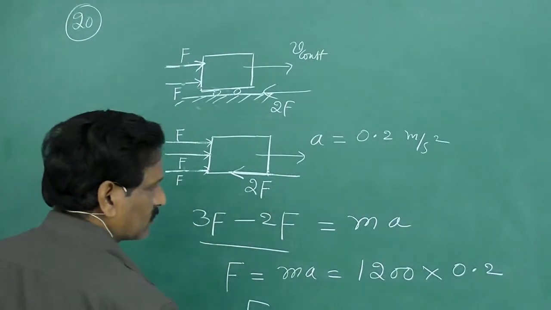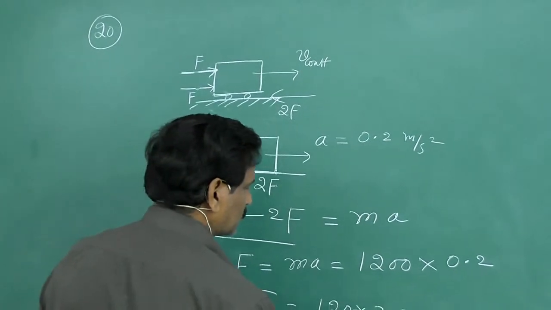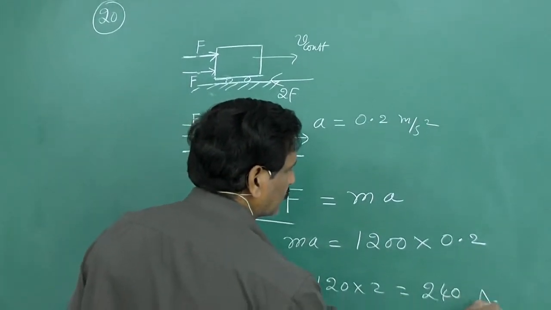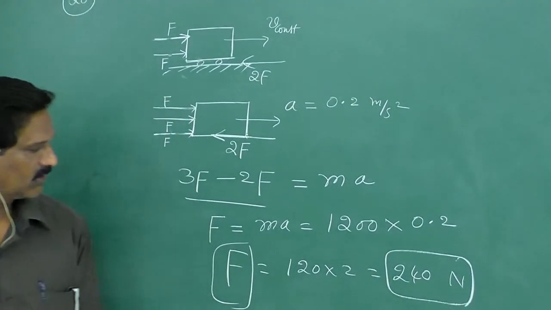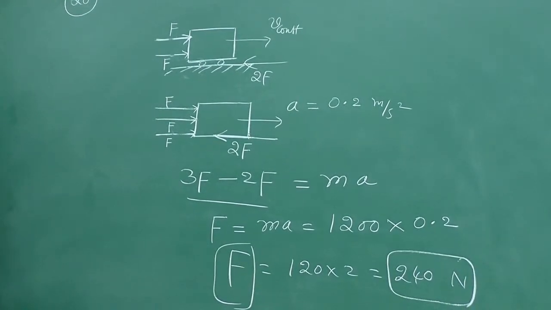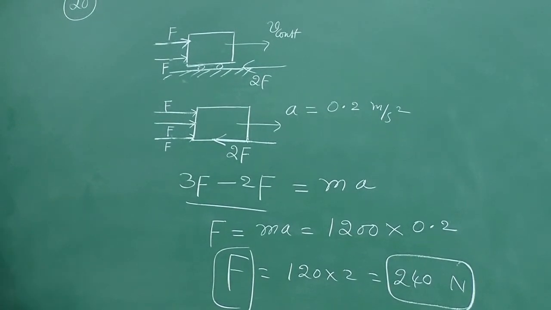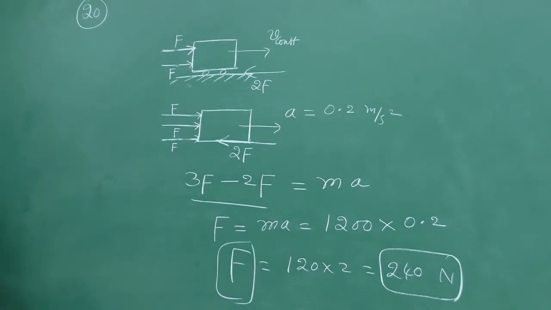So F is equal to 120 into 2, so this is 240 Newton. This is the force, the muscular force, applied by each person on the car.